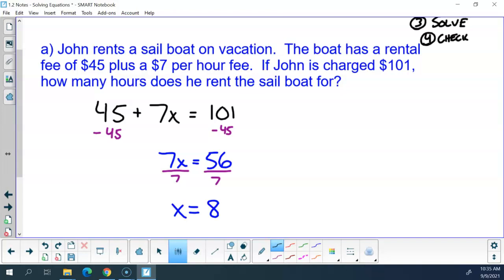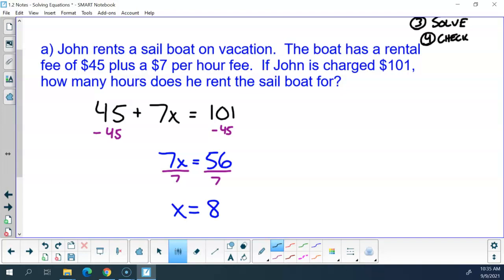Okay? 7 times 8 is 56, plus 45 is 101. So it makes our equation true. The second prong on this check is, does 8 hours make sense? Okay? In this case, it does, right? It makes sense that he rented the sailboat for 8 hours.